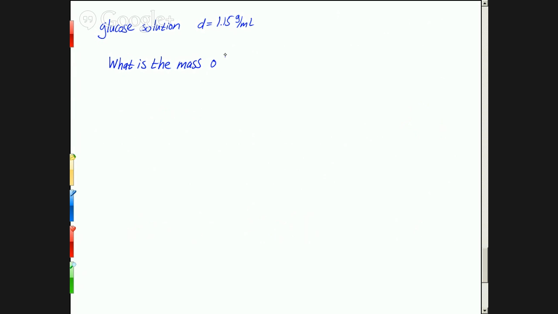What is the mass of 0.500 liters of this glucose solution?